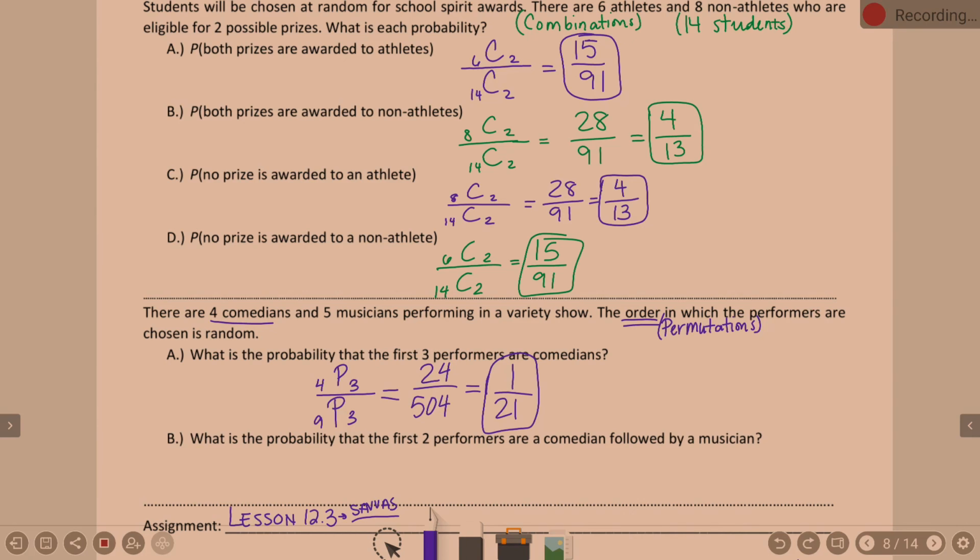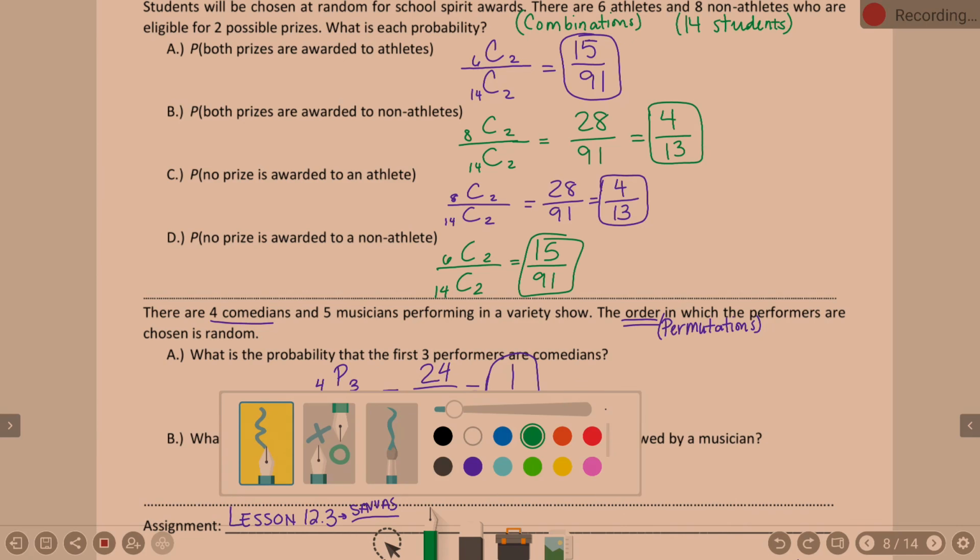Okay, B. Have you read B? What is the probability that the first 2 performers are a comedian, followed by a musician in the 3rd spot, basically is what that's saying. So the idea that it's comedian, comedian, musician. Okay. Think about this.